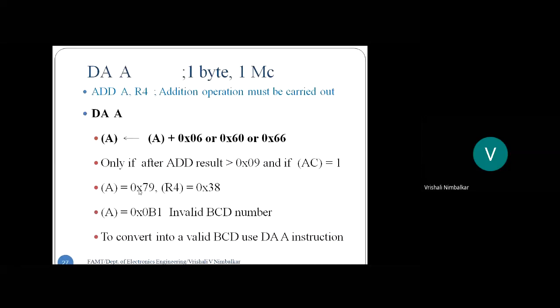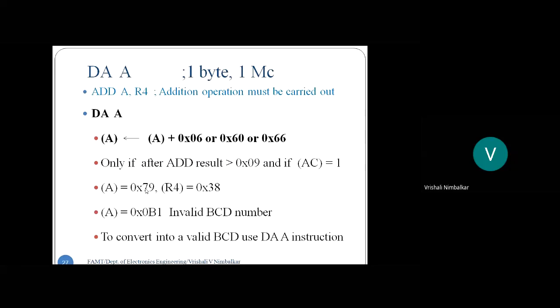But see students, if I had only entered 79, the microcontroller would convert that 79, make it hex and add the numbers in hex, which is not correct. My numbers should not change. The addition should be of 7938. Correct? The addition should not be of conversion. So for the microcontroller to take the number as it is, while entering the data, I will enter it in hex. But as a programmer, I know that's not a hex number, that's a BCD number.